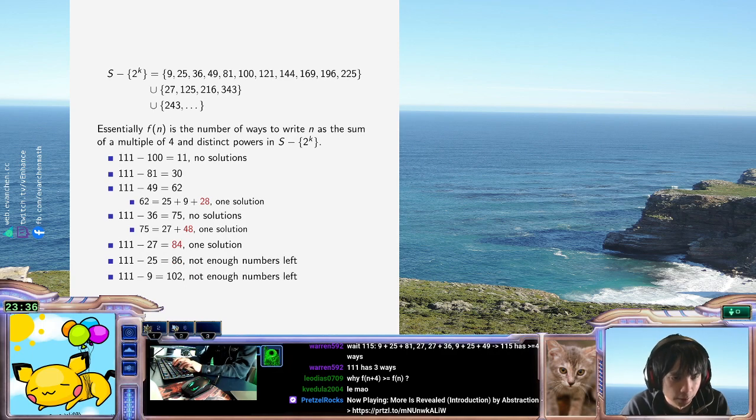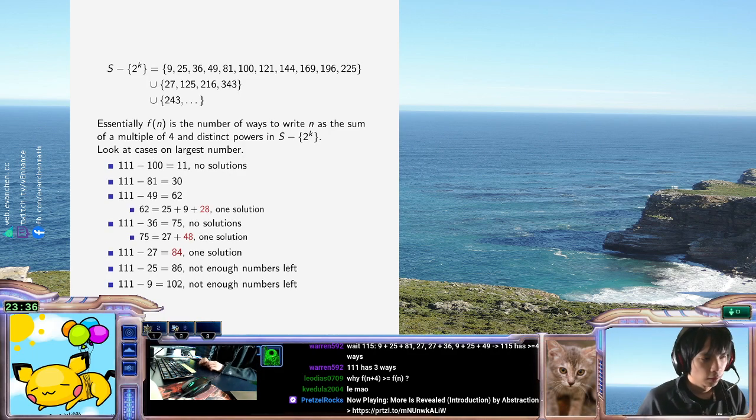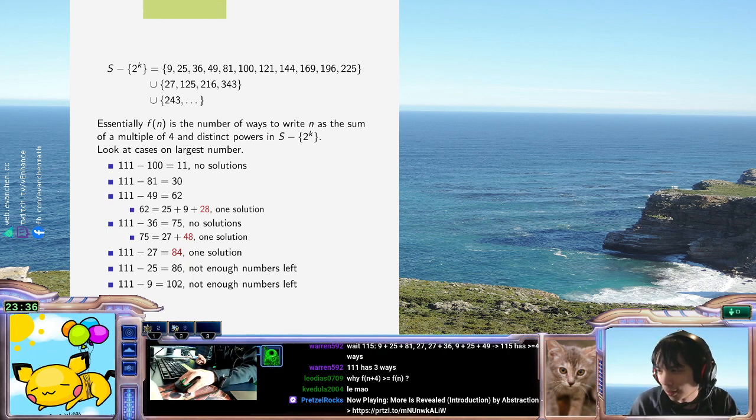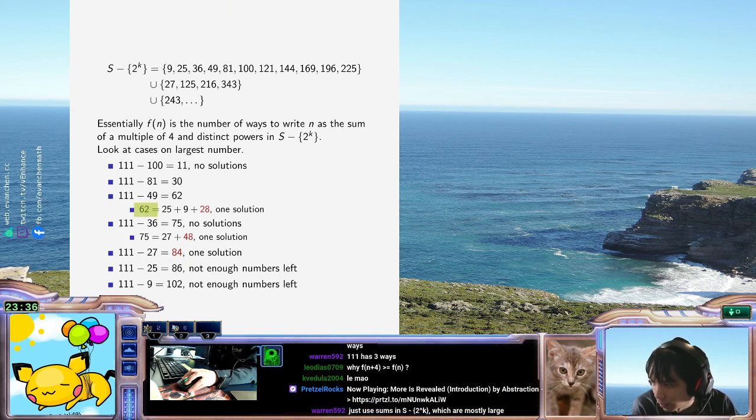Okay, yeah. So this is look at cases on largest power. Okay, 111. I think that's it, if I didn't miss a case. So 62: what are the ways to write 62 as I need a 1 mod... 111 minus 81 is 30.